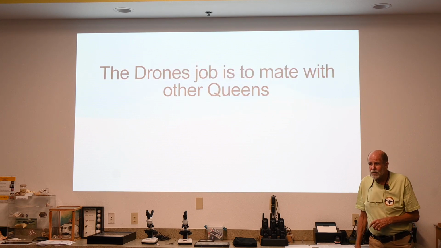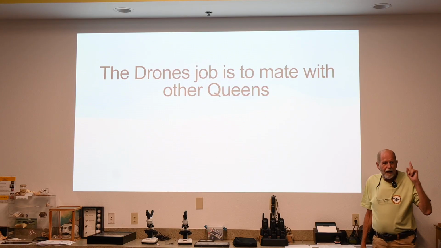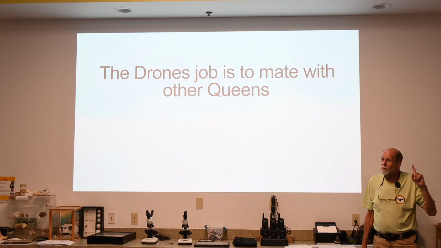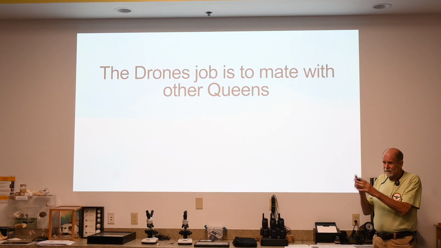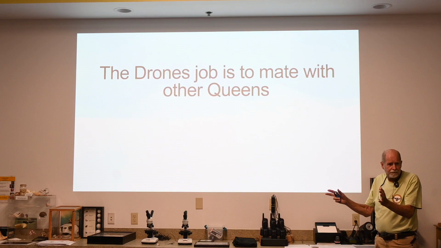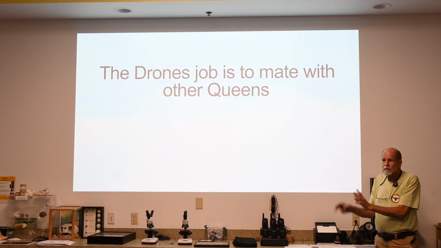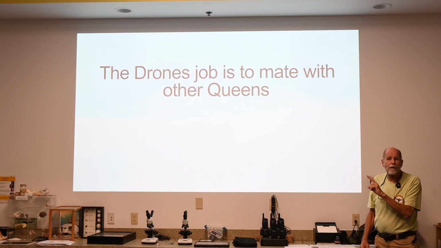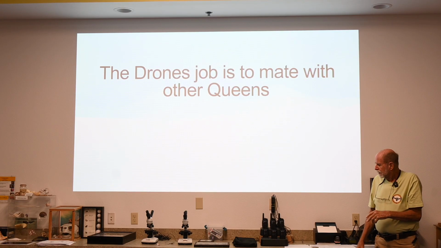Now the drone's job, and it's only one job, is to mate with a queen. Once that hive is split, they develop a new queen. She's a virgin queen and she has to go out and mate. Otherwise, she's incapable of laying eggs. She usually does that within her first week of life.